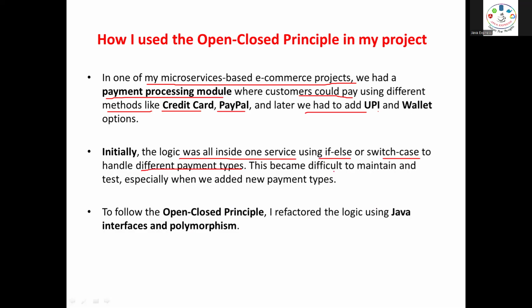What is the problem? It is difficult to maintain and test, especially when we are adding new types. So by following this principle, we refactored the logic using Java interfaces and polymorphism. One interface, multiple implementation classes, and we can configure them in our project. You need to explain that approach in the interview as well, guys.